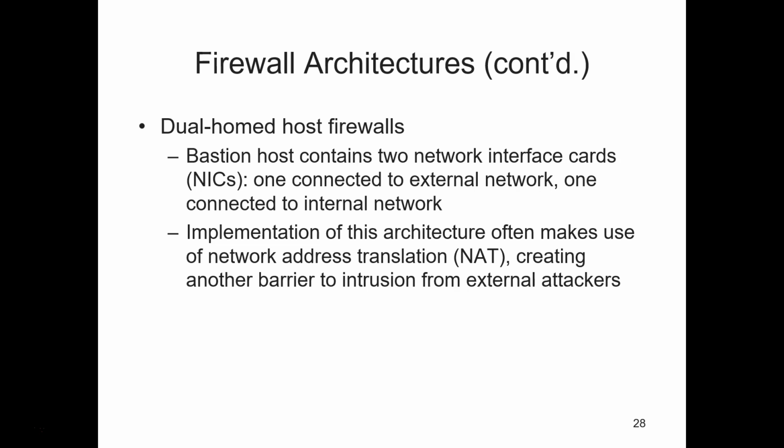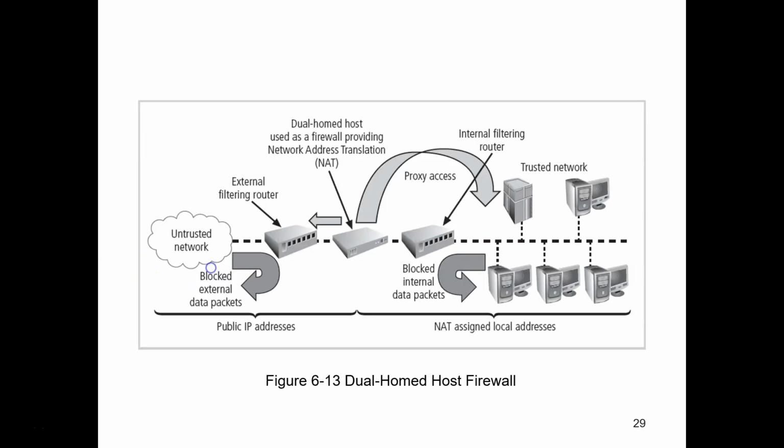Implementation of this architecture often makes use of NAT mapping, assigning IP addresses to a special range of non-routable internal IP addresses, creating yet another barrier to intrusion from external attackers. This figure shows an example of a dual homed host firewall.